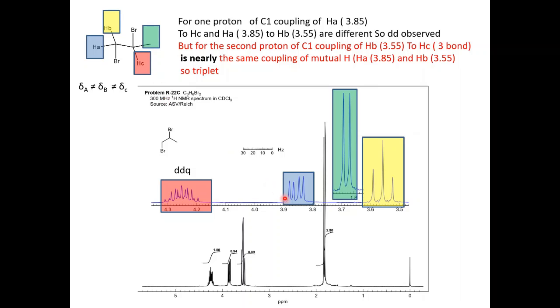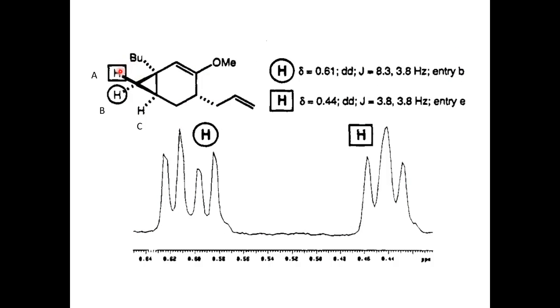That's why you will get the doublet. So this is an example, and I showed this in the last lecture too. These are three different protons, having a doublet and an apparent triplet.